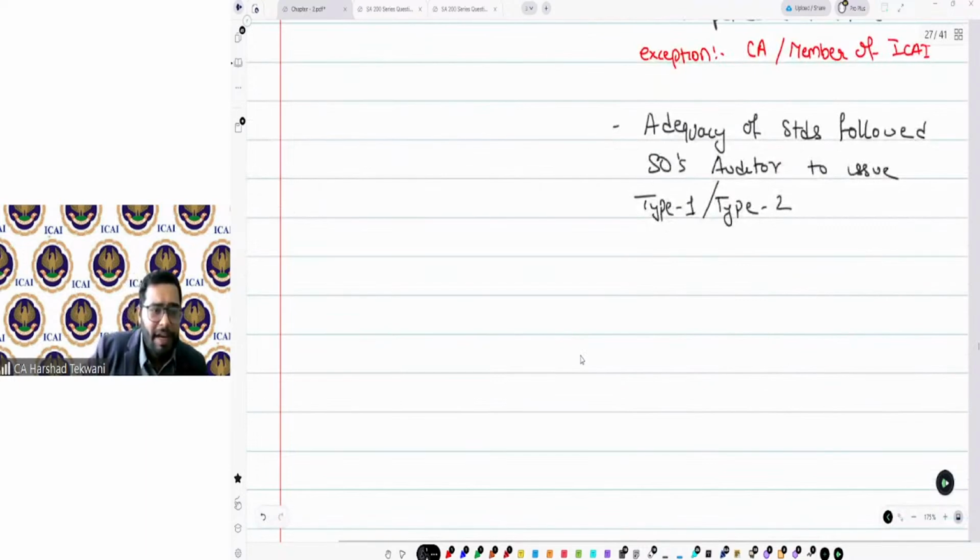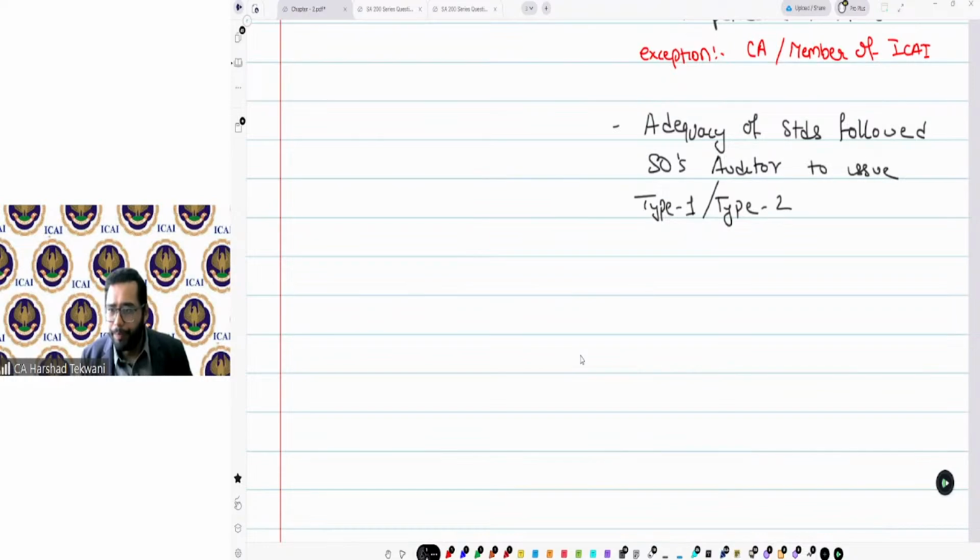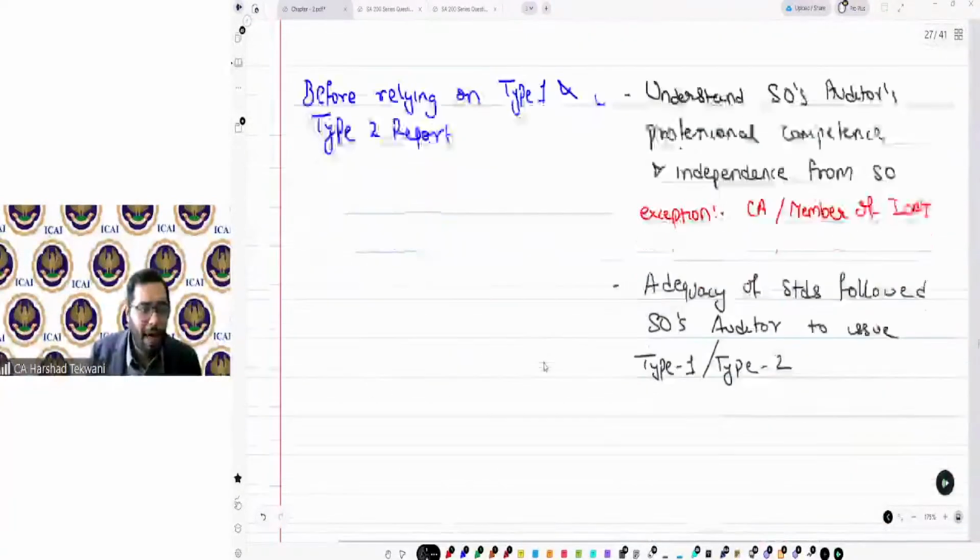And then, if we want to use that type 1 or type 2 report as audit evidence, this is something before relying.